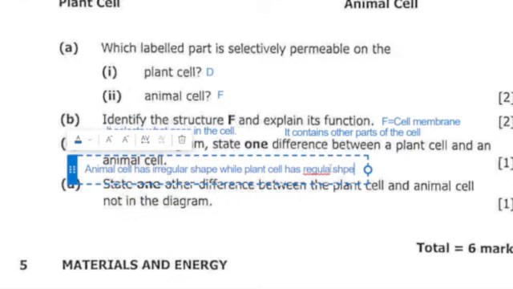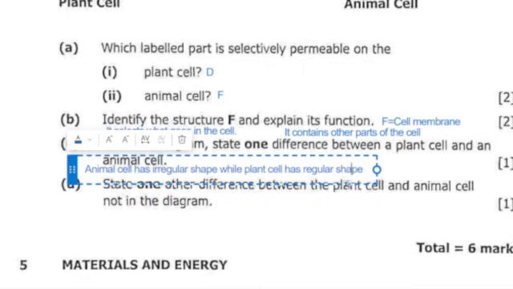Okay, my spelling for regular there, I've left out R. Regular shape. That is the first thing you are going to notice without studying anything. Immediately you look at the diagrams, you notice that one has irregular shape and the other has regular shape. That is the first observation that will be made.